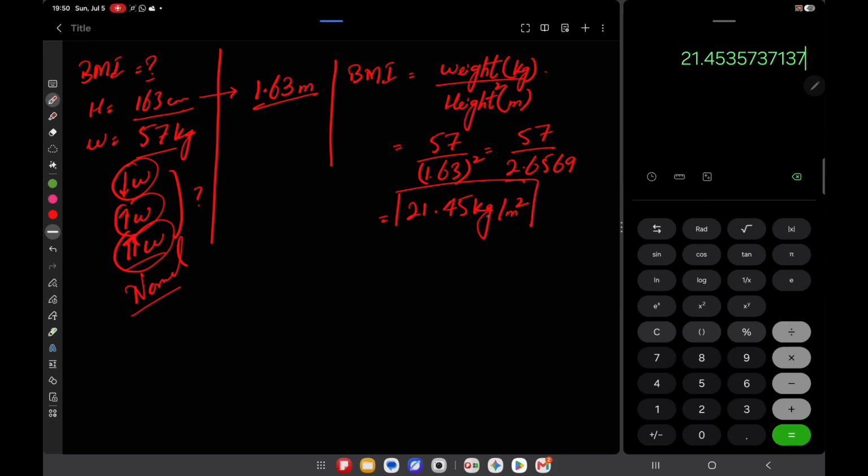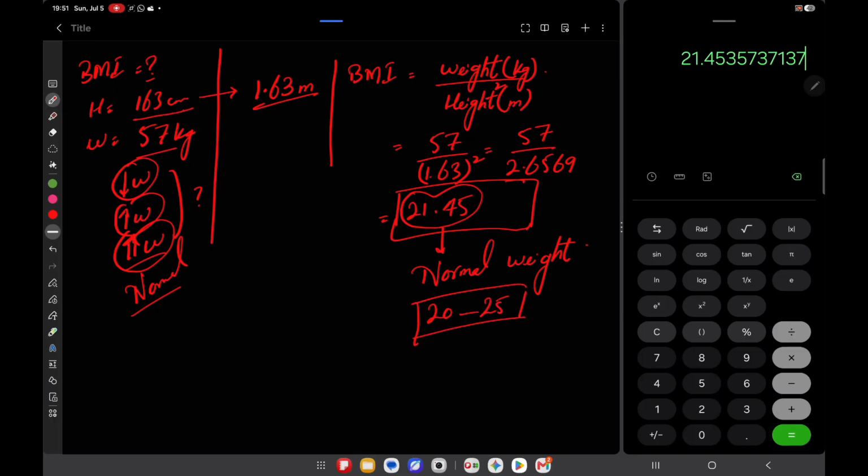So this is the BMI, and it's better not to write the unit because it's a ratio. So 21.45 is actually a normal BMI, so the patient has normal weight because the normal range is 20 to 25, and this one, 21.45, lies in between 20 and 25.